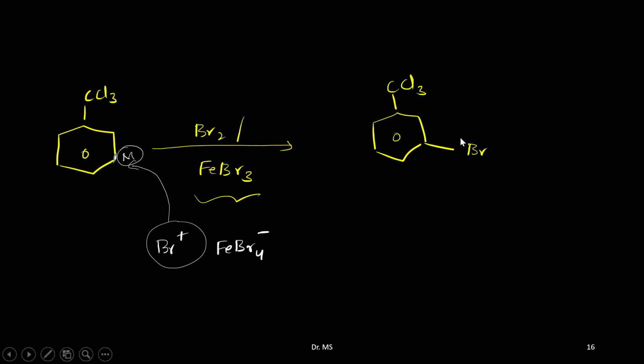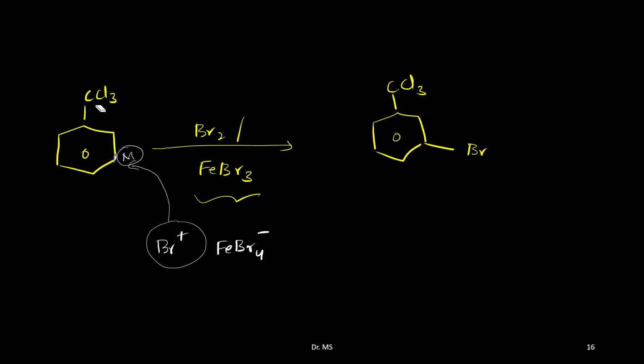So you may have the question, sir, why is it not near to the CCl3, or why is it not the farthest position? Why is it not ortho or para? Why is it meta? Actually, it's a very big reason, but I'll try to tell you in short. This CCl3 is a strong electron withdrawing group.